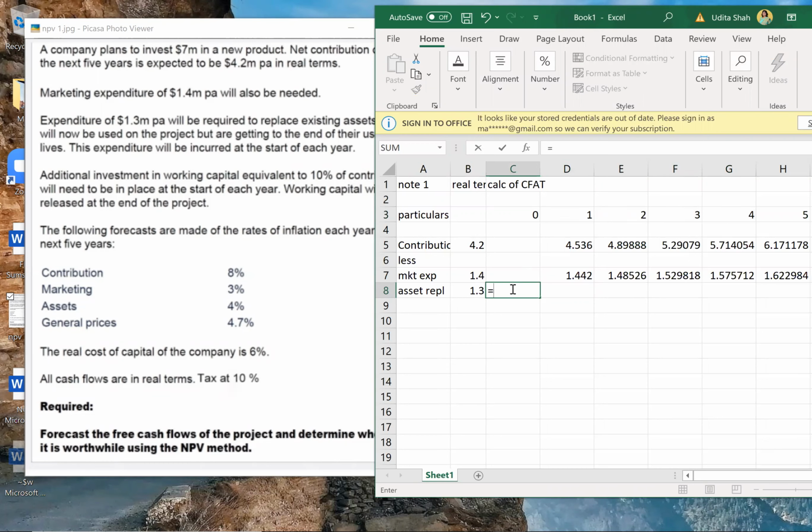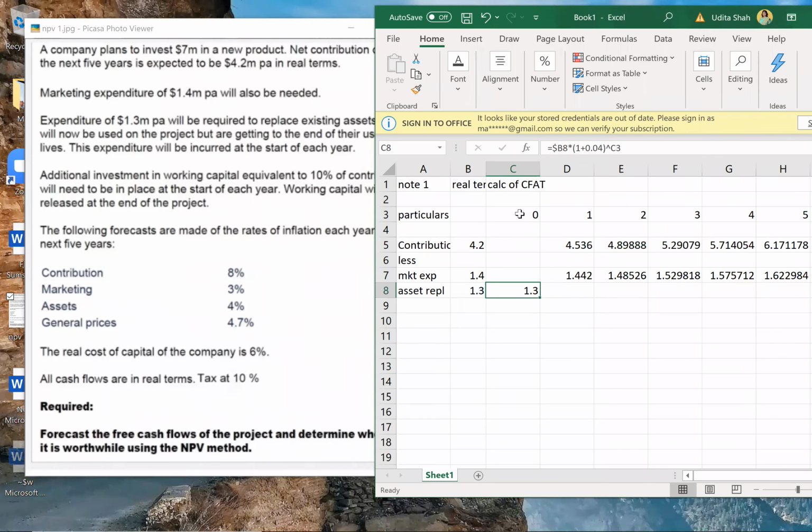Logic remains same. So equal to this amount. So dollar sign, into 1 plus I. What is the inflation rate for assets? It is 4%. So 0.04 raised to n.